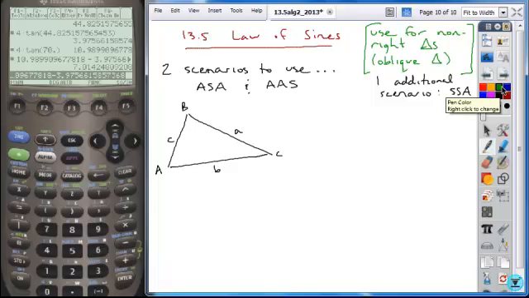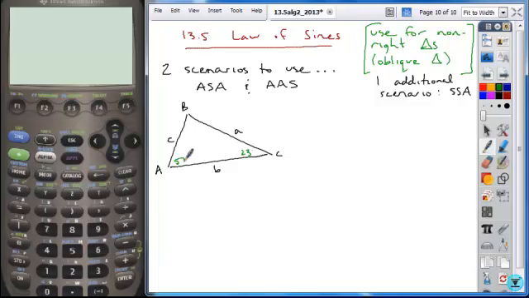If you're given two angles and one side, so let's say you were given an angle of 23 degrees and an angle of 57 degrees, and then you were given the length of a side, you want to see what pattern of information is provided. Is the side opposite one of the angles, or is it contained between the two of them? Two angles and the side is between them. It's not opposite, right? So that's an example of ASA.